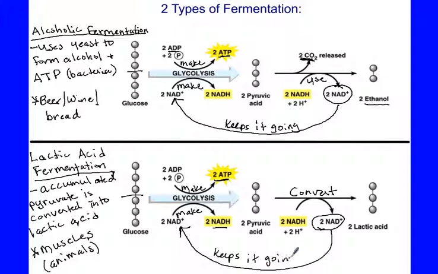Now, this would sustain you for a very short period of time. We need a whole lot more than 2 ATPs to be produced from our food at a time. So this is something you could use very short term, temporarily, like when you hold your breath underwater, or if you're running in a track meet and your body is using energy faster than it can make it.